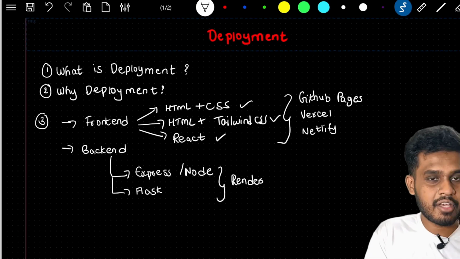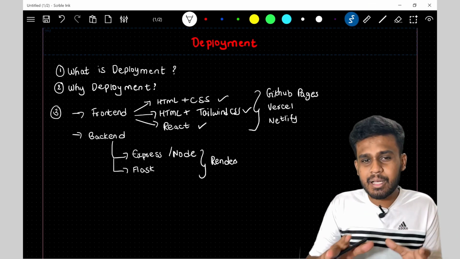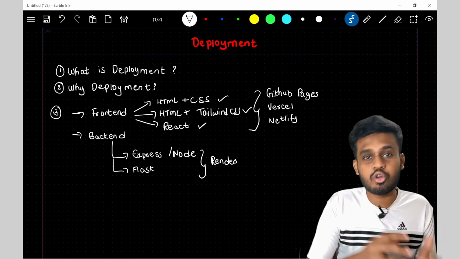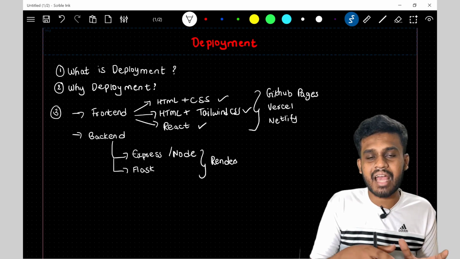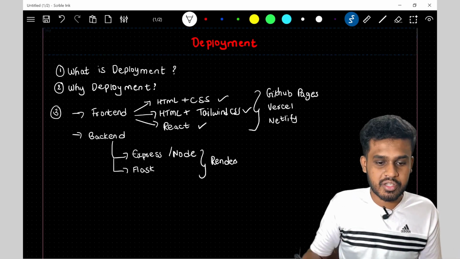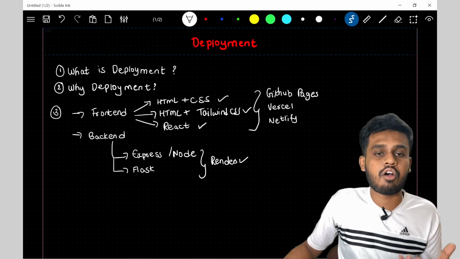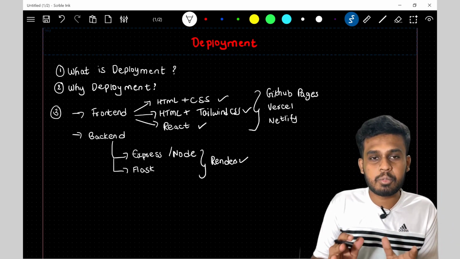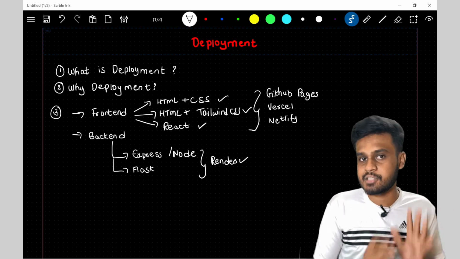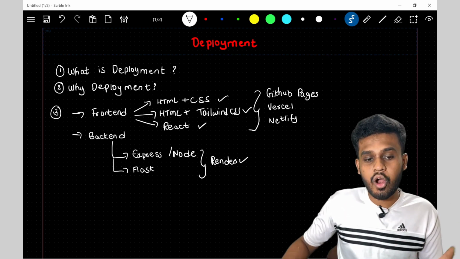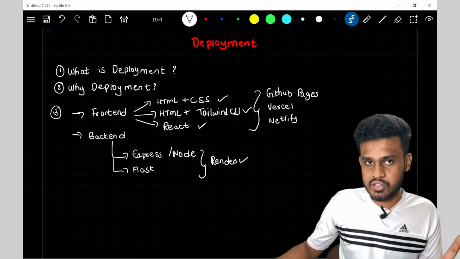Hostinger was the famous one, and there are multiple other platforms like DigitalOcean and AWS, but they are not that cost-efficient nor that easy to set up. So we'll be going with Render. Render offers us a minimal CPU, which is enough for entry-level use or for testing purposes of enterprise projects. So this is what we'll be covering throughout this series.